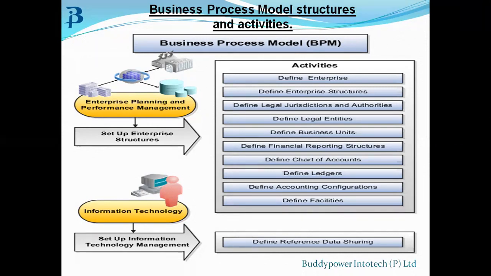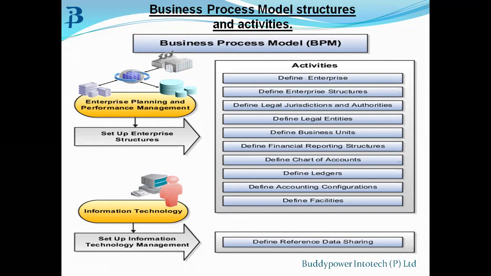Then comes the defining of reference data sharing. As I discussed in the first class, this is one feature which is added in the Oracle Fusion applications. What we do here is define how data in the applications is partitioned and shared.